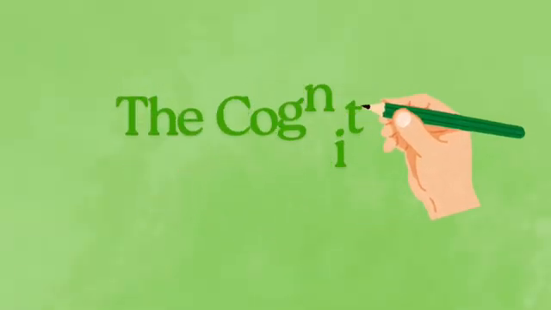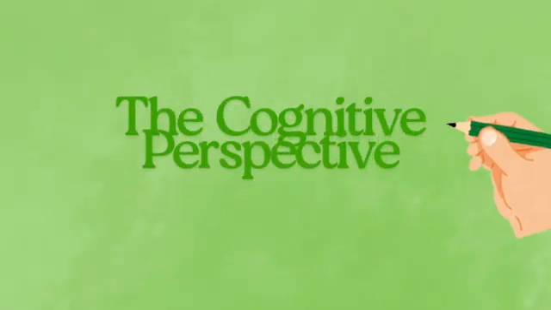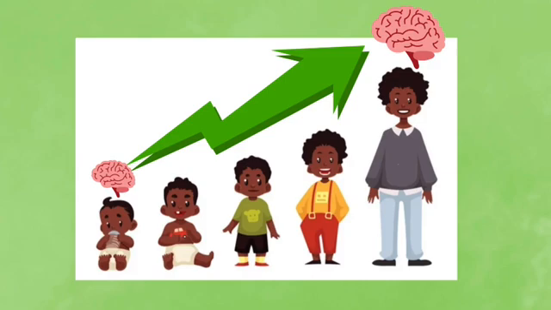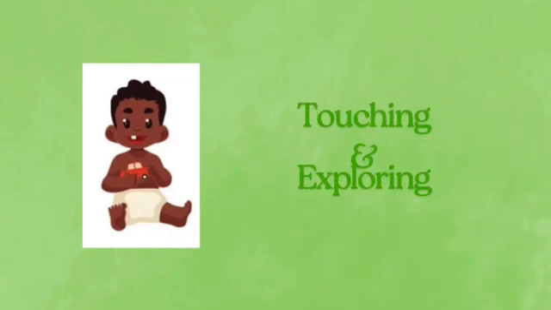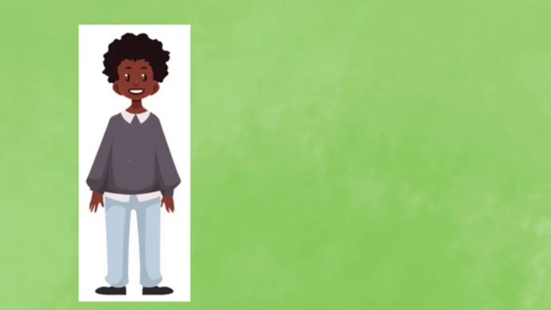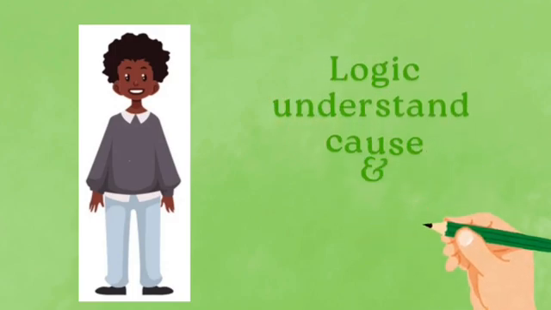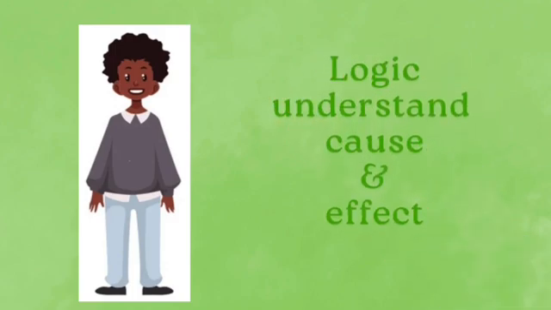The cognitive perspective, introduced by Jean Piaget, focuses on how children's thinking develops through stages. Piaget showed that as children grow, their thinking moves from simple actions to complex reasoning and abstract ideas. For example, very young children learn through touching and exploring, while older children begin to use logic and understand cause and effect.